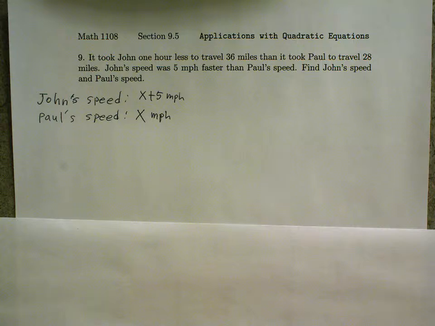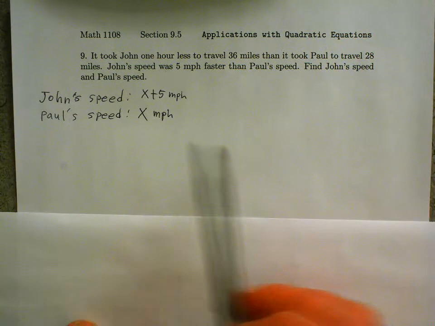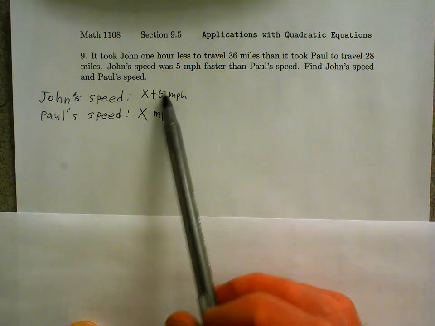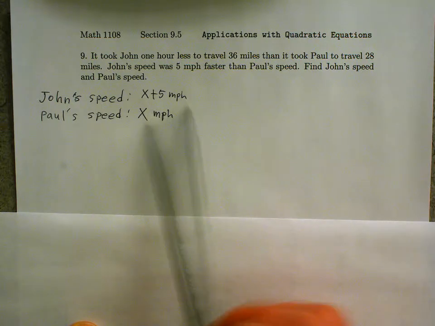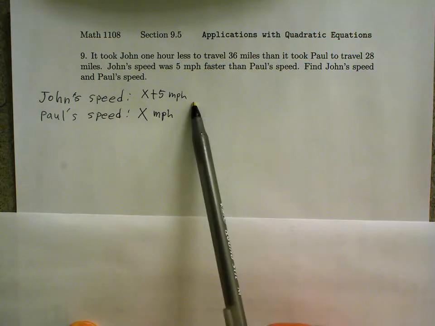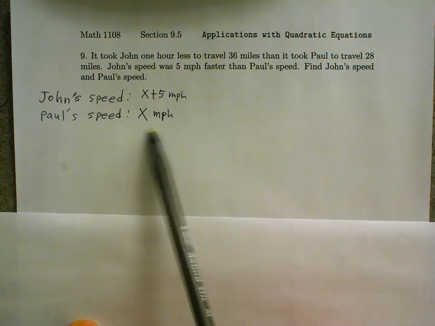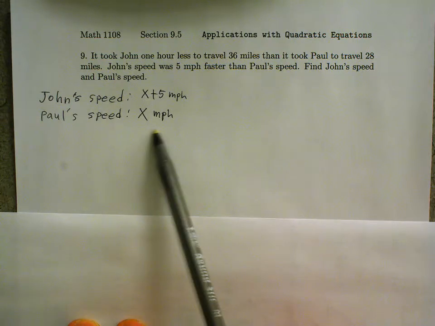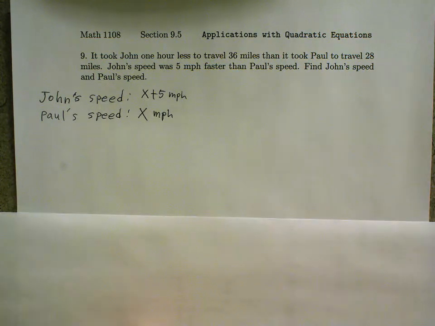So rate times time equals distance. For now, we have the rates, or the speeds, assigned in variables: x plus 5 miles per hour for John's speed and x miles per hour for Paul's speed. What do we know about time?